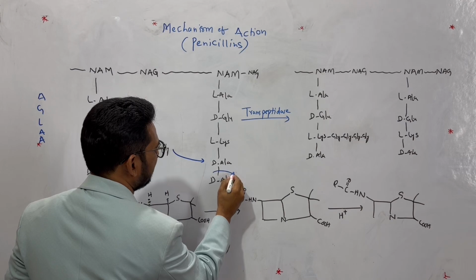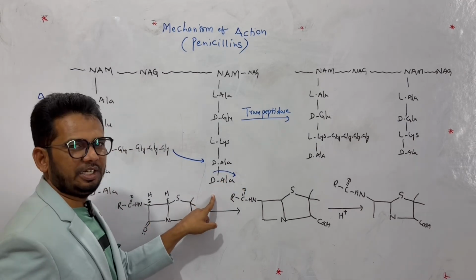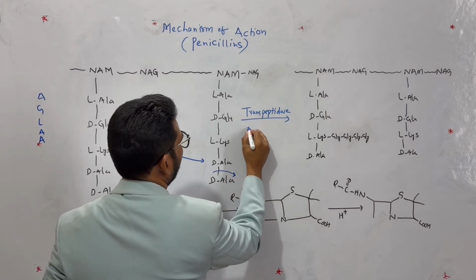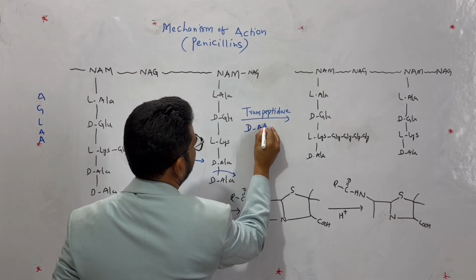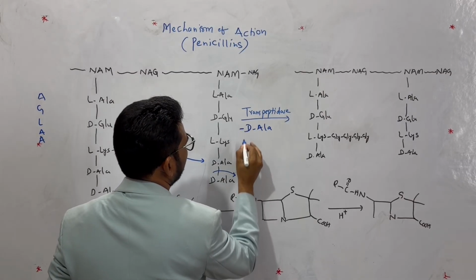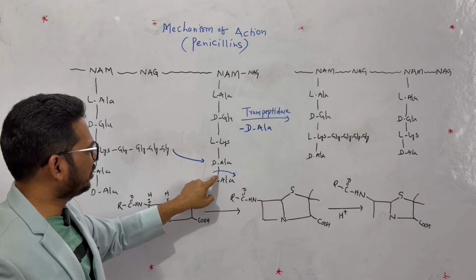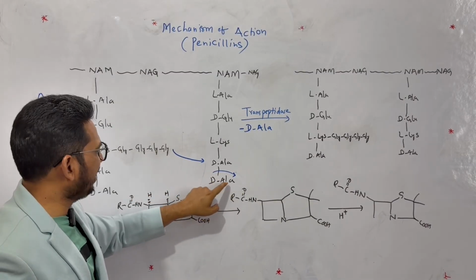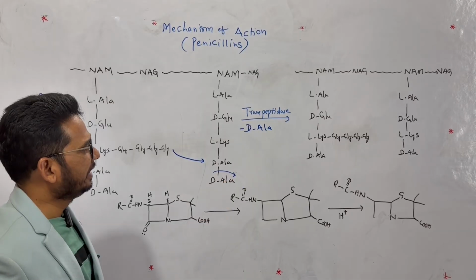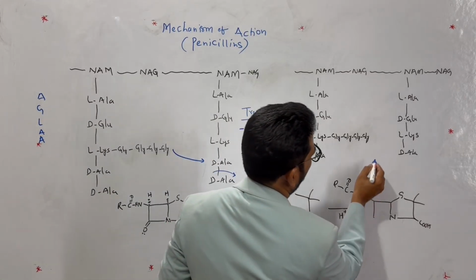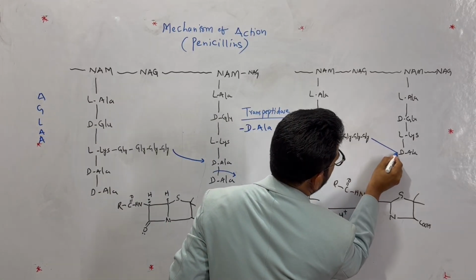It has to break down. That's why D-alanine goes out, minus D-alanine. This one is coming in, so this one is going out. One amino acid has to be lost. Then what happens? It forms the cross linking.